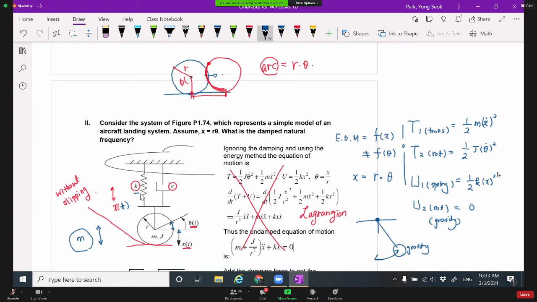The K is trying to help you bounce back. Without the K, this will be pulling down, and then it is working by the gravity. Since we connected the spring, it is bouncing back. That's why we only consider that my spring's force is against gravity.